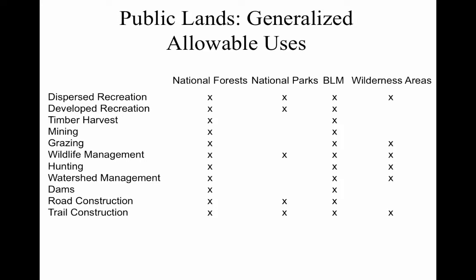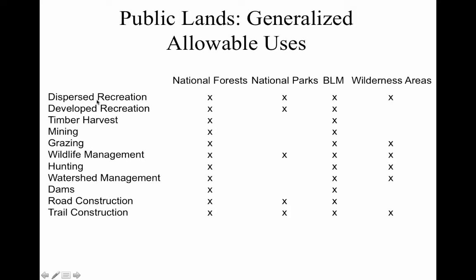So, some different ideas of how U.S. land is used. This chart shows what's allowed on the different types of U.S. land. In National Forests and Bureau of Land Management land, anything on this list is allowed. So you have recreation, dispersed recreation and developed recreation.